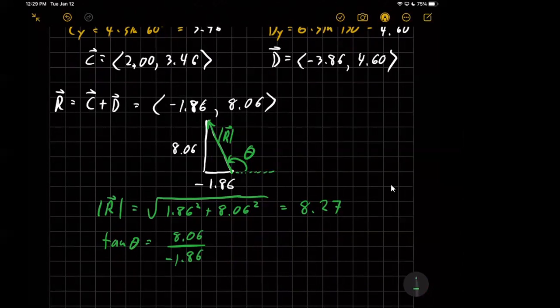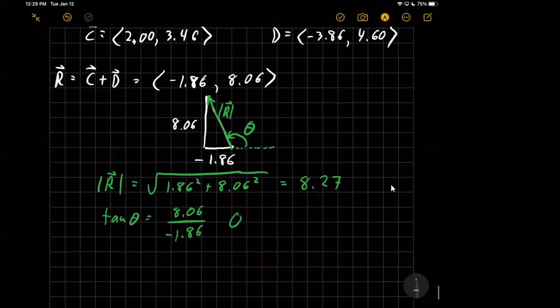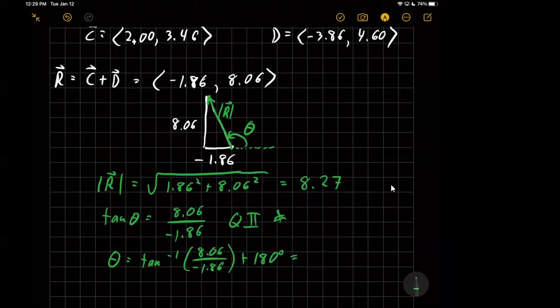Okay. Now, this is a quadrant 2 answer, so we need to use caution. So the angle will be the inverse tangent of the ratio, 8.06 over negative 1.86. But we have to add 180, we're in degrees, so add 180 degrees to it to get the answer.